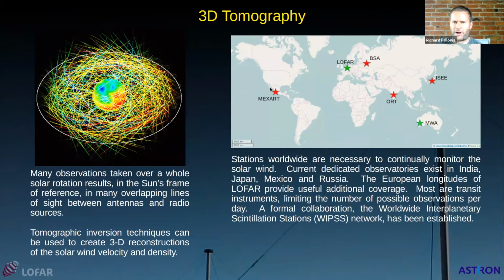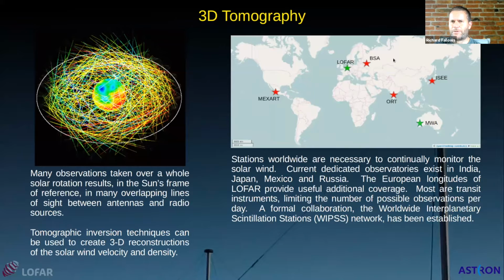Now, following a digital upgrade, they're verging on becoming fully operational. You've got a system in Pushchino in Russia, which is also observing every day, and the UTR radio telescope, which was observing every day until fairly recently, but I think right now it potentially isn't. And then you've got instruments such as LOFAR and the MWA, which can take IPS data but are not instruments dedicated to doing so, at least not yet.